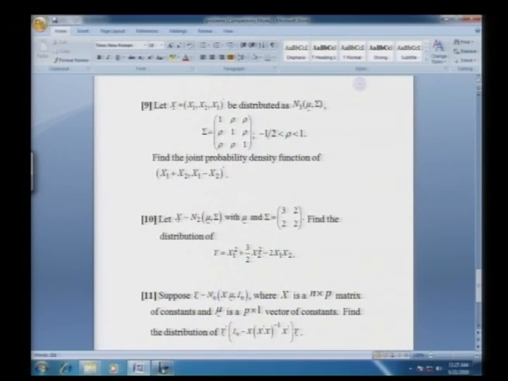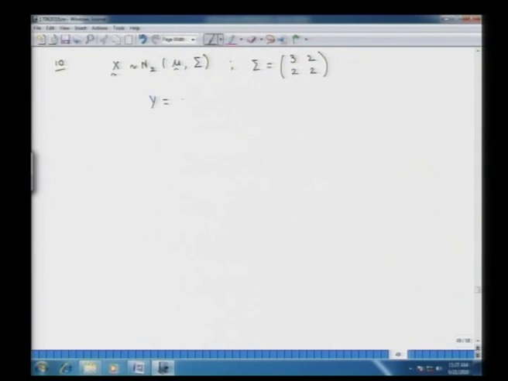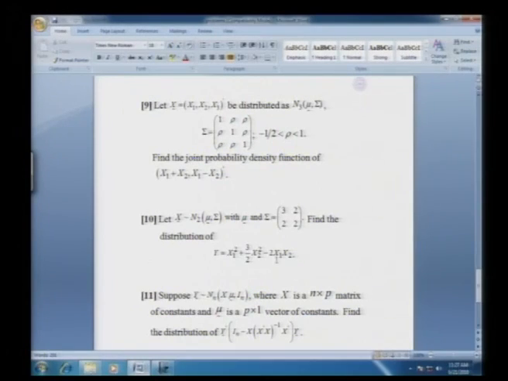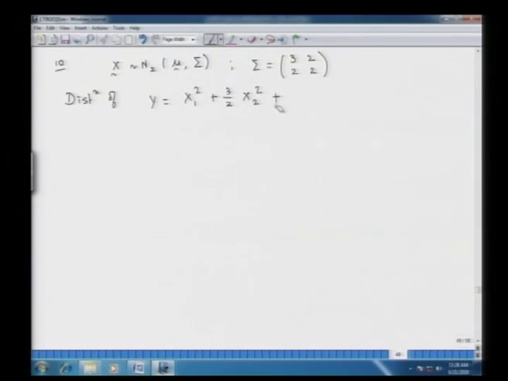We are trying to find out the distribution of y equal to x1 square plus 3 by 2 x2 square minus 2 x1 x2. So we are trying to find out the distribution of this particular random variable.